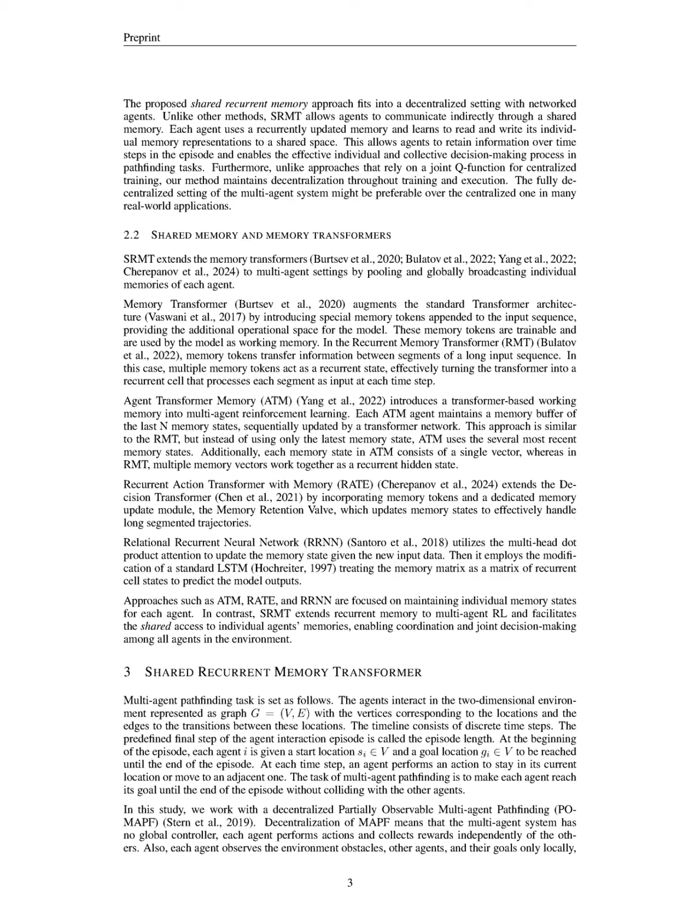Theoretically, SRMT allows agents to communicate indirectly through a shared memory, enabling them to retain information over time and make informed decisions collectively, which enhances coordination and reduces the likelihood of deadlocks.